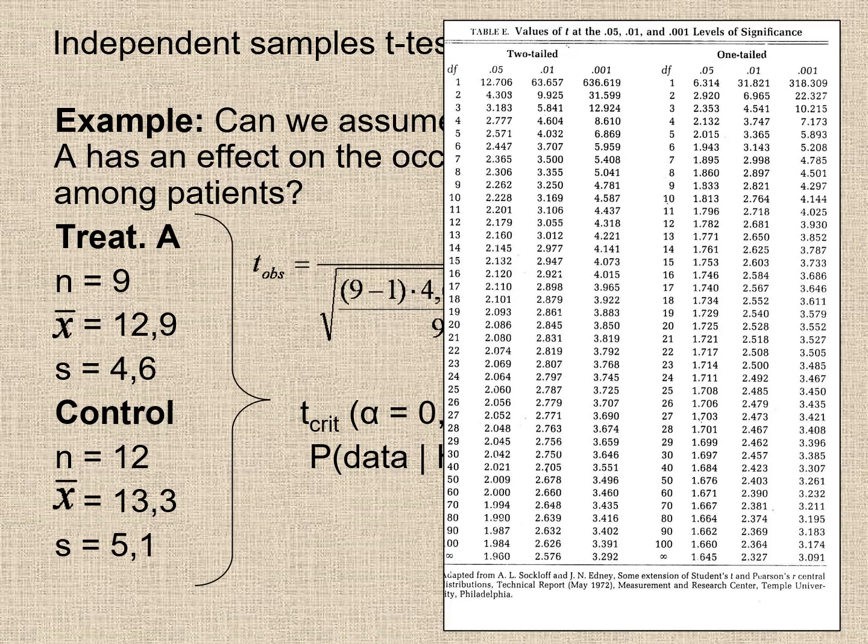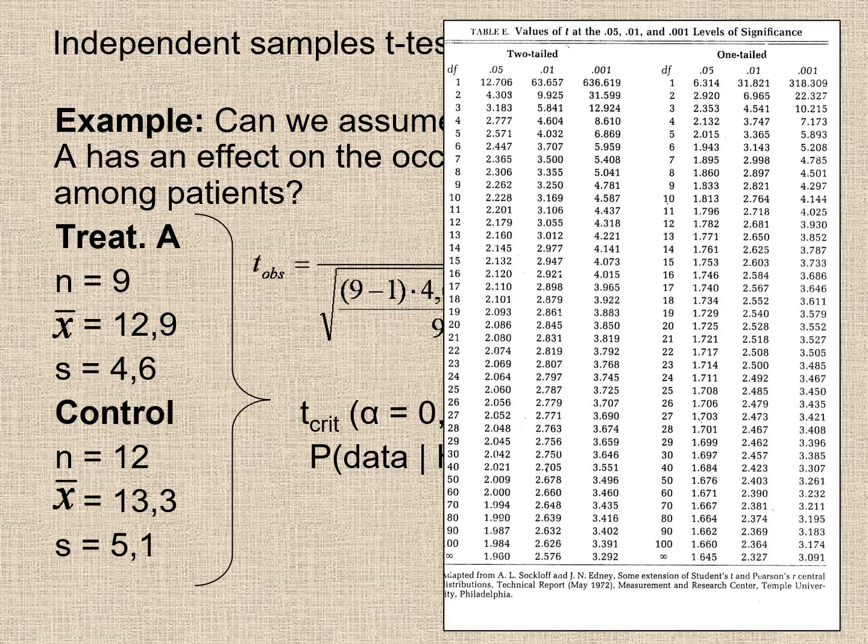So what this tells us is, if we have two populations with the same mean, so the null hypothesis is correct, and from one population we draw a sample of 9, and from the other population we draw a sample of 12, then with a probability of 95%, these two samples will have means that differ maximally 2.09 standard errors from each other.